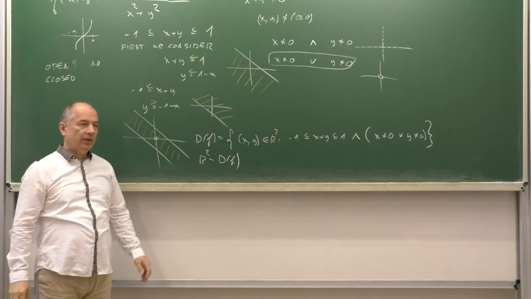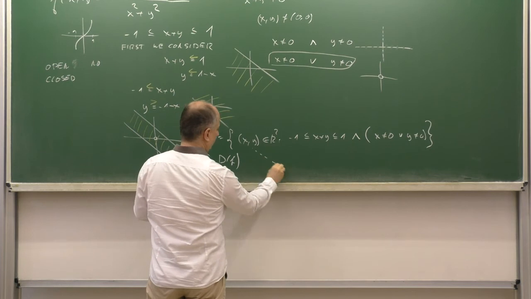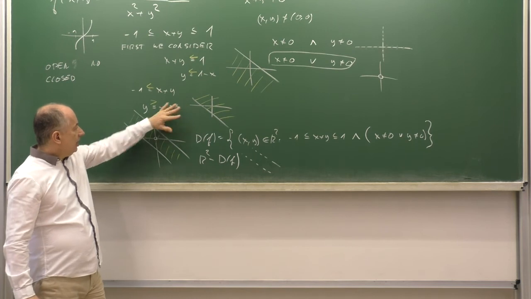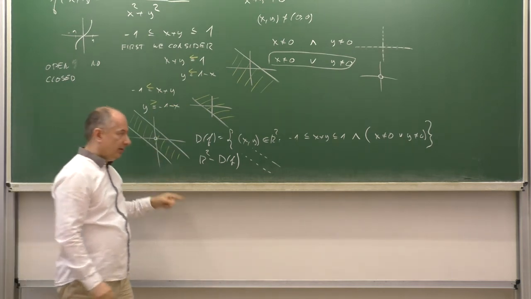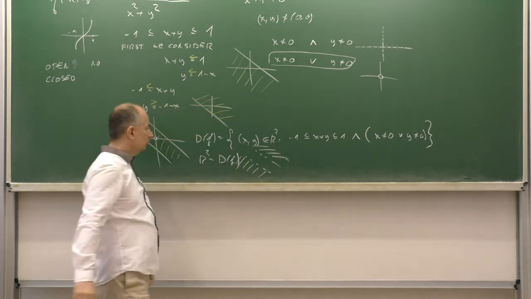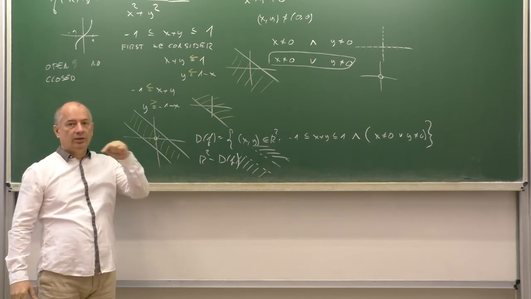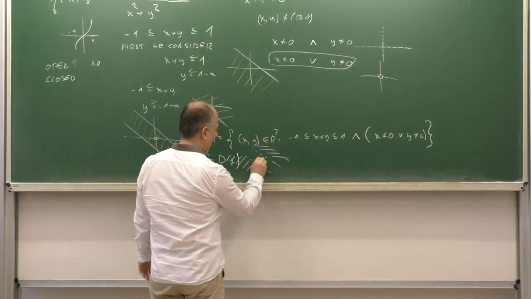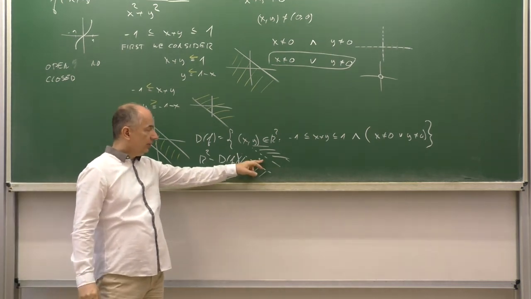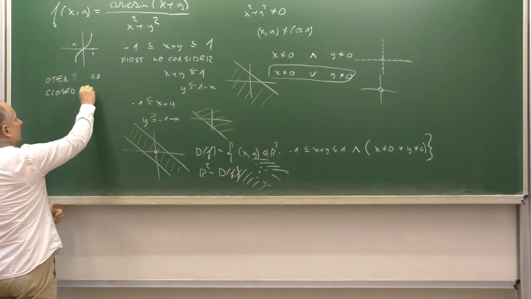R2 minus domain of f. So these two lines do belong to the set, so they don't belong to the complement. What is above and below does not belong to the set, so it does belong to the complement. But as the origin does not belong to the domain, it does belong to the complement. So we must add this point. Well, and because of this point, the complement is not open, so the domain is not closed.